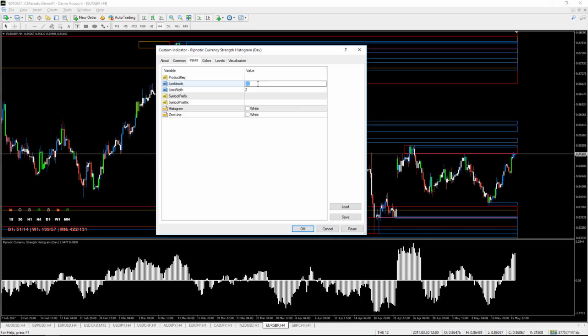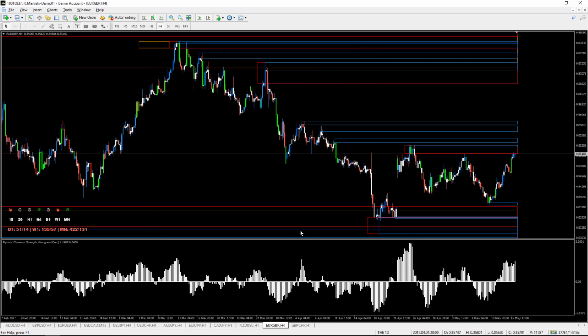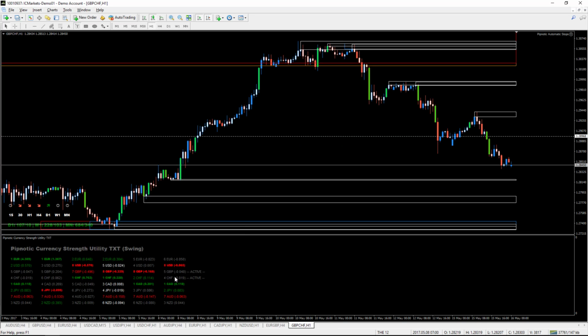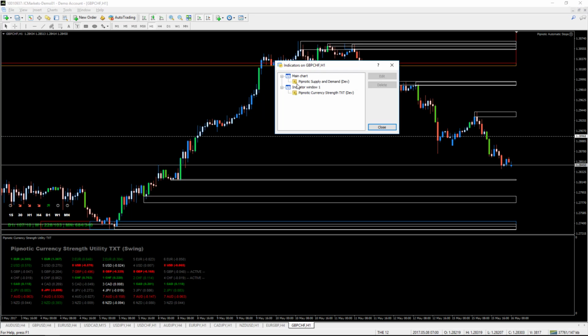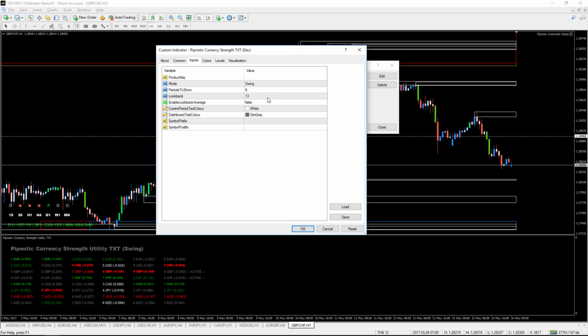You can change this, but I found that 20, 21 is a pretty good value. If I was to set this to 21, for example, or even 13, then it would resemble the configuration I have here on this indicator, which is 13 look back. So this is the exact same setting.